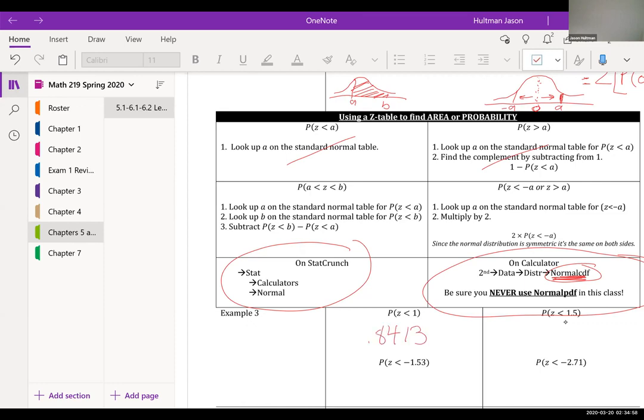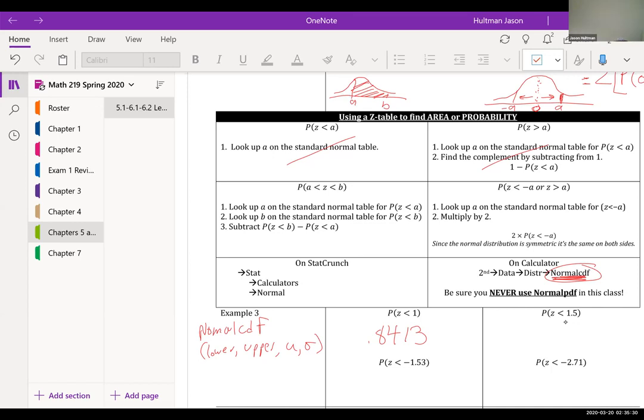Okay, and so again, to do the calculator, it's normal CDF. Okay, and then it's your lower, your upper, your mu, and your sigma. Okay, lower, upper, mu, sigma.